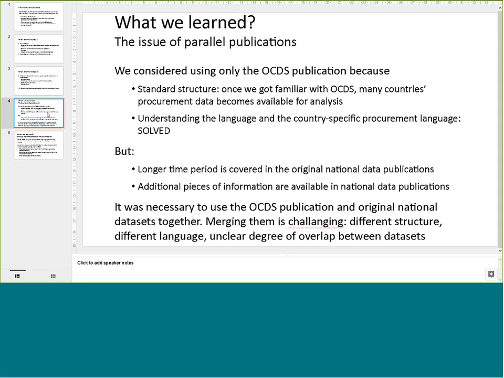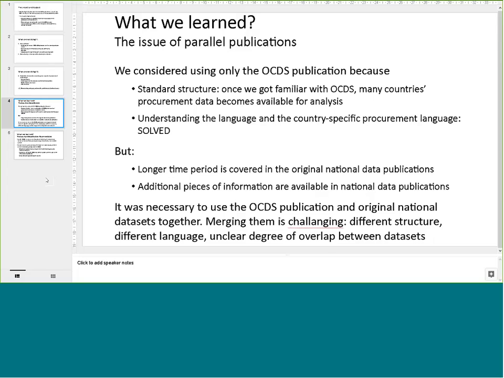So in the next few minutes, I'm going to share our experiences about working with this data. But I think it's very important to emphasize that it's really great that these datasets exist at all in their current format, even if there is always room for improvement. And this goes for the OCDS publication and the official publications as well, because in the past few years, I've worked on approximately 15 countries' procurement data, mostly European countries.